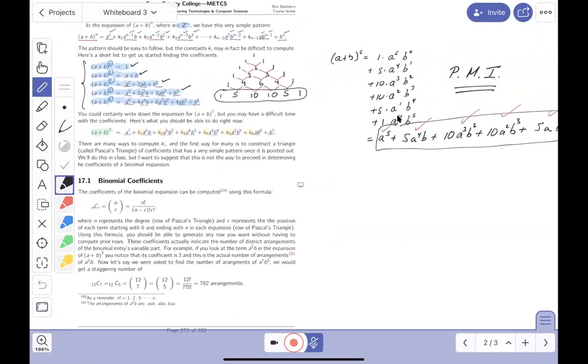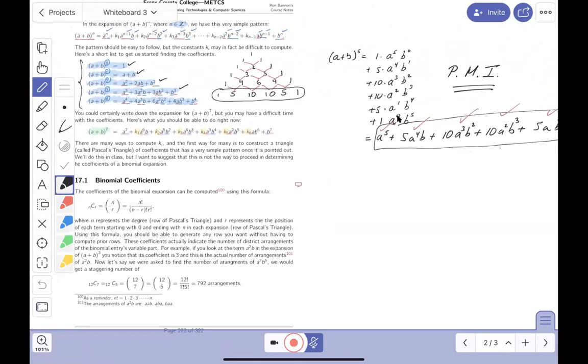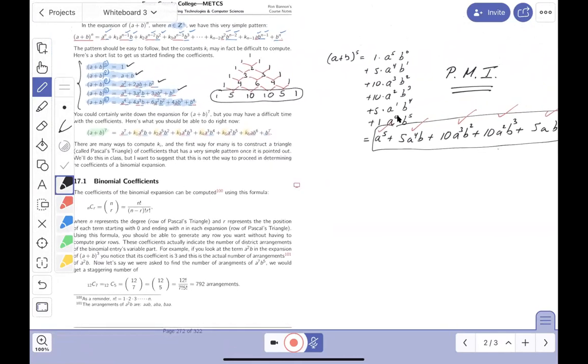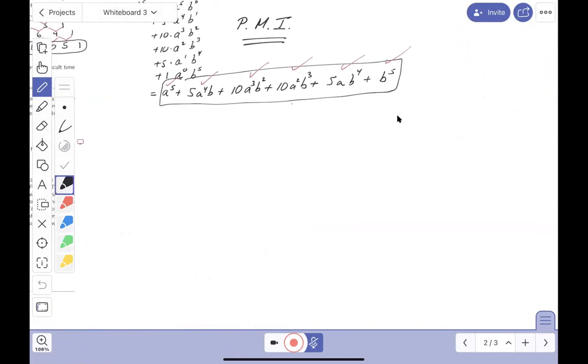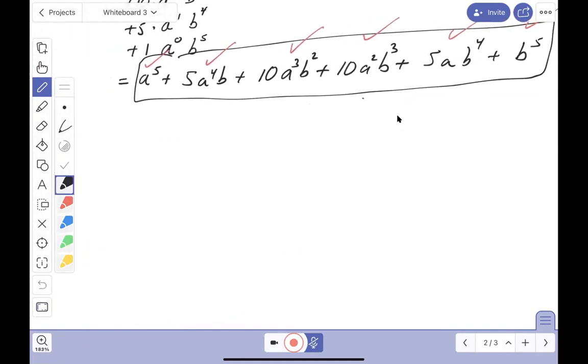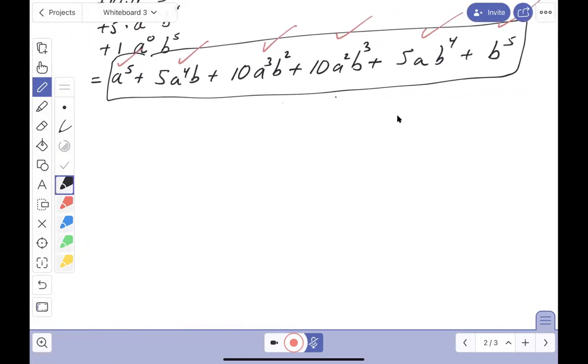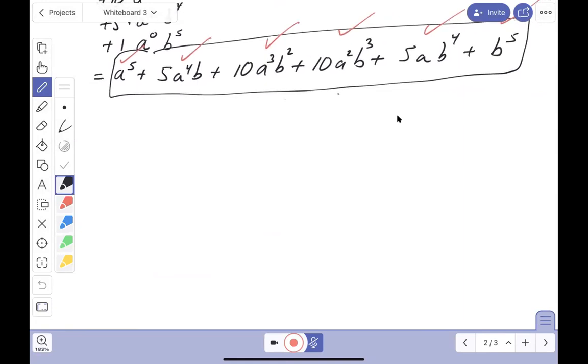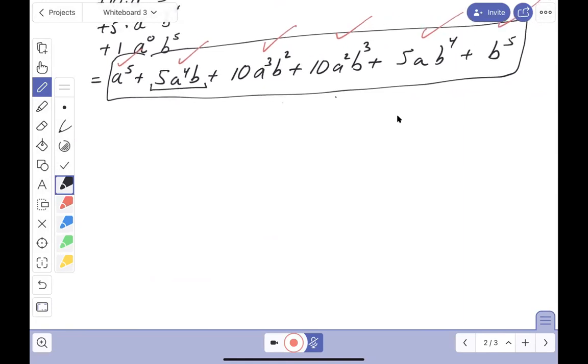Now, what I want to do is talk about what these coefficients really mean to me. So I'm going to go back over here and talk about the meaning of these things, to me anyway. I'm going to focus in on this one right over here. And what I'm going to claim is the 5 is the number of orderings of those letters.